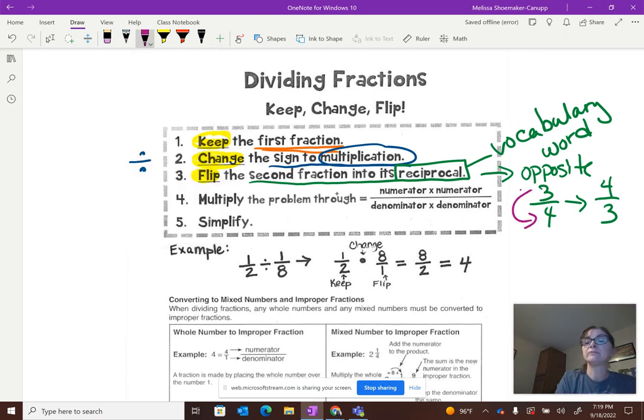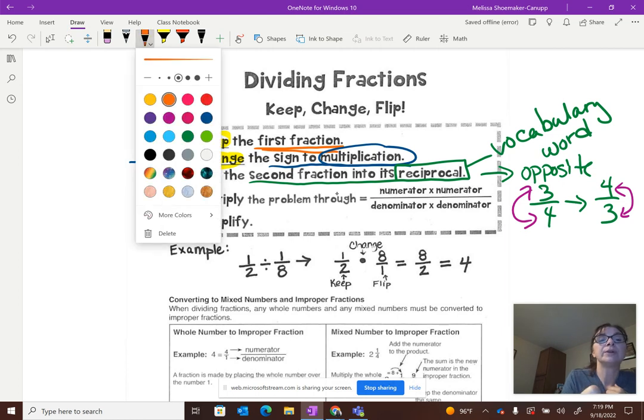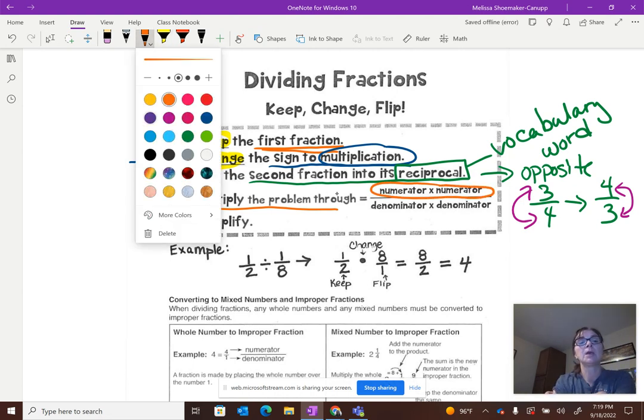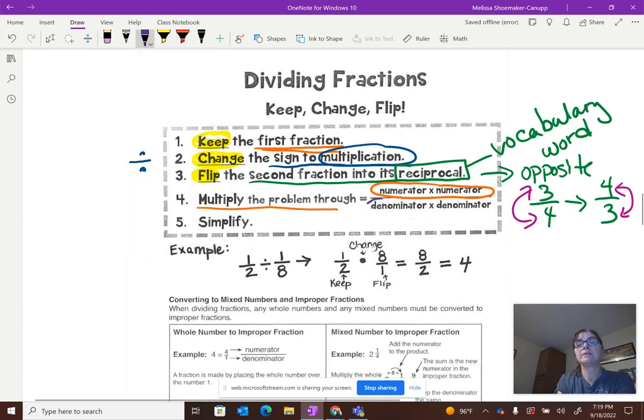The numbers flip or switch positions. The numerator becomes the denominator, and the denominator becomes the numerator. You flip it upside down. And then your next steps are to multiply. So numerator times numerator, you're just multiplying straight across. And then you multiply the denominator times the denominator, and you simplify.